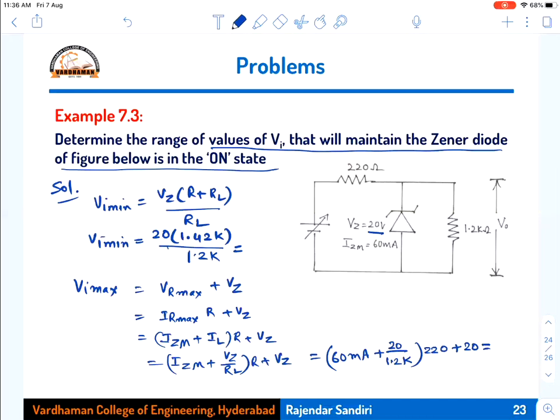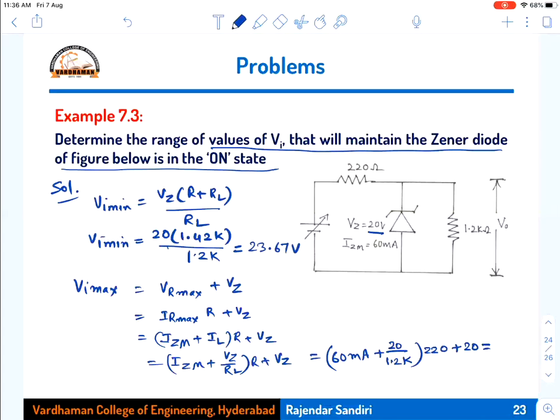It is just 20 into 1.42 divided by 1.2. Kilo cancels, you remove kilos. Just 20 into 1.42 divided by 1.2 cannot be 3000 above. Exactly correct. 23.67 is correct. 23.66 or 67, 23.67 volts is this one.